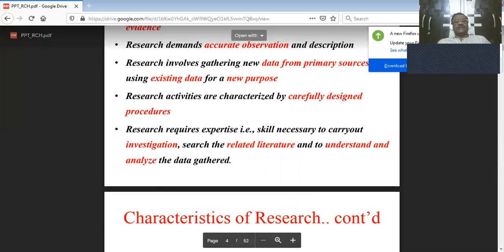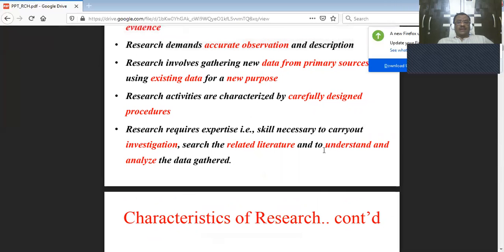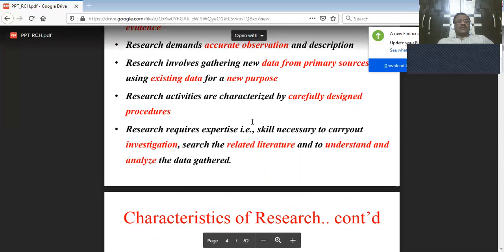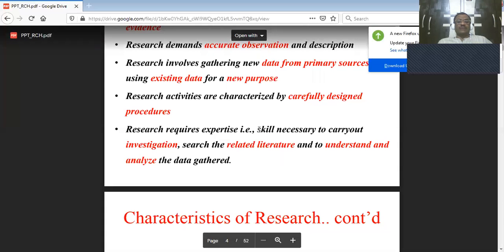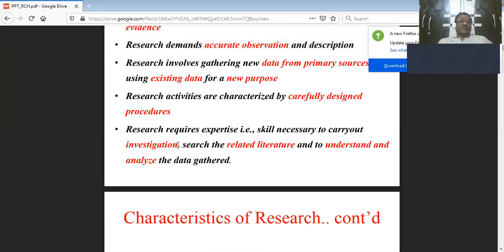Now, research requires expertise. Research and expertise go hand in hand. It's about skill-based inquiry. It's not a layman's inquiry. Proper expertise is required, and that's exactly what I mean by research aptitude and research mindset. The roots of this aptitude and mindset lie in the interest to go for investigation and examination.